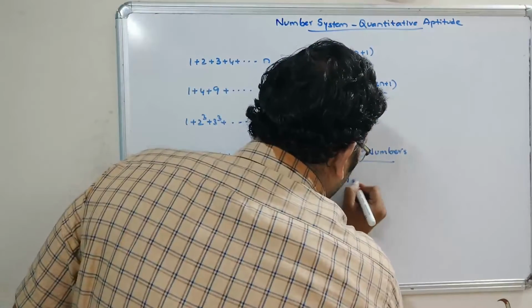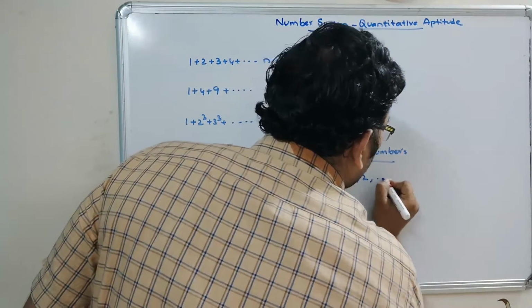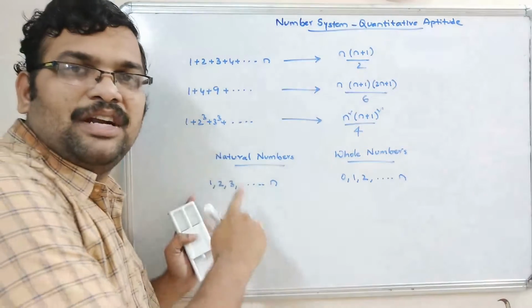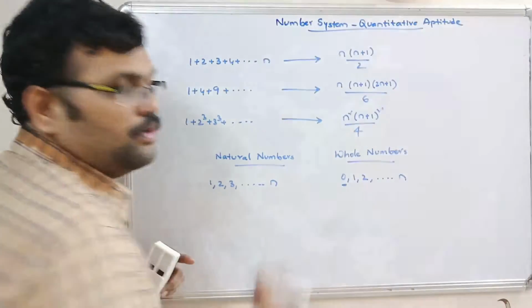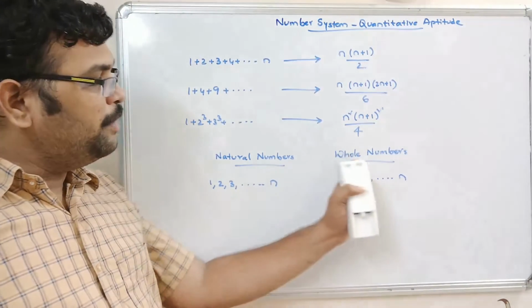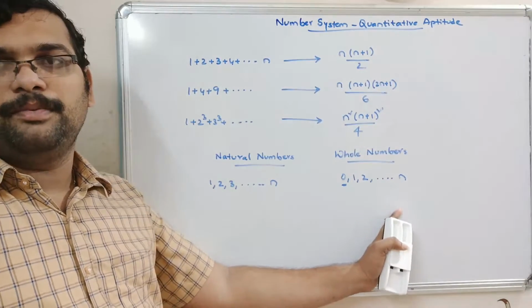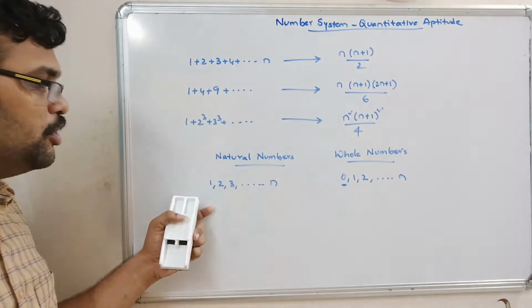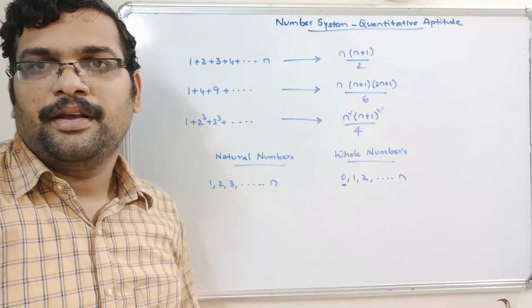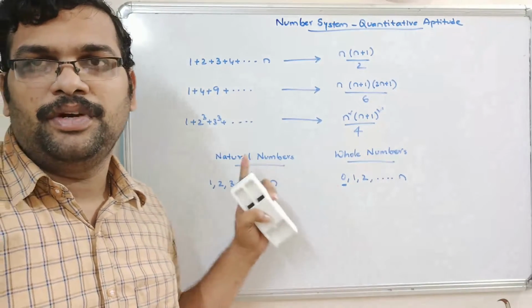Whole numbers are 0, 1, 2 and so on up to n. The only difference between the natural numbers and whole numbers is 0. So in the natural numbers 0 will not be considered, and the whole numbers include 0 along with all the numbers. So except 0 all the natural numbers are whole numbers, right? So this is a simple thing you need to know.